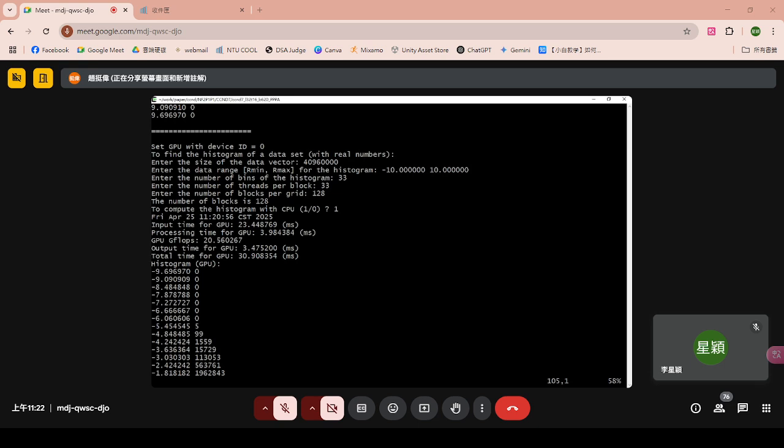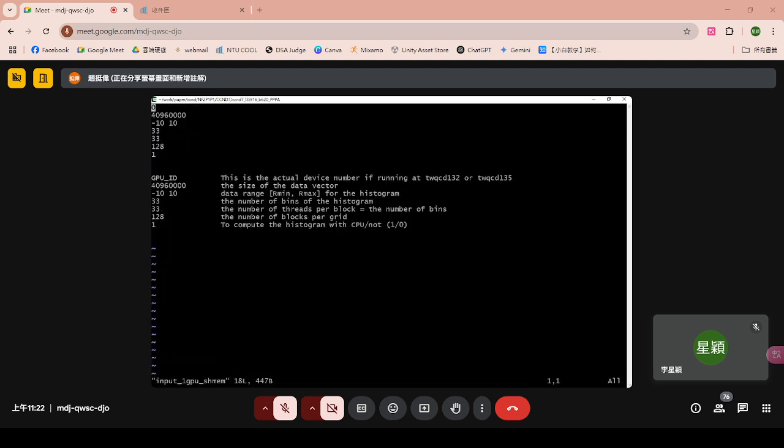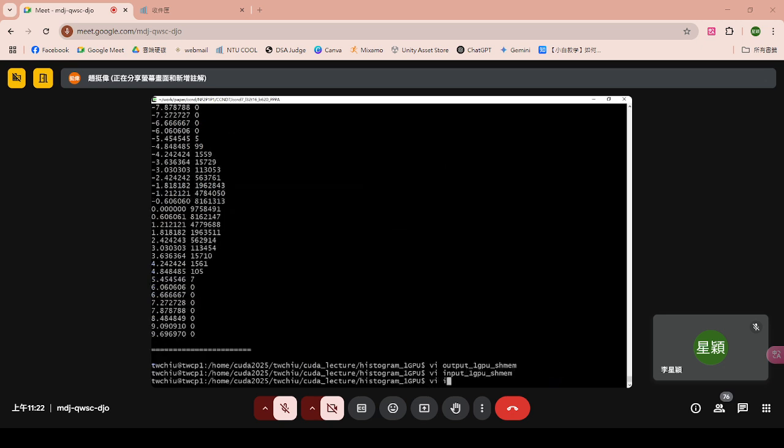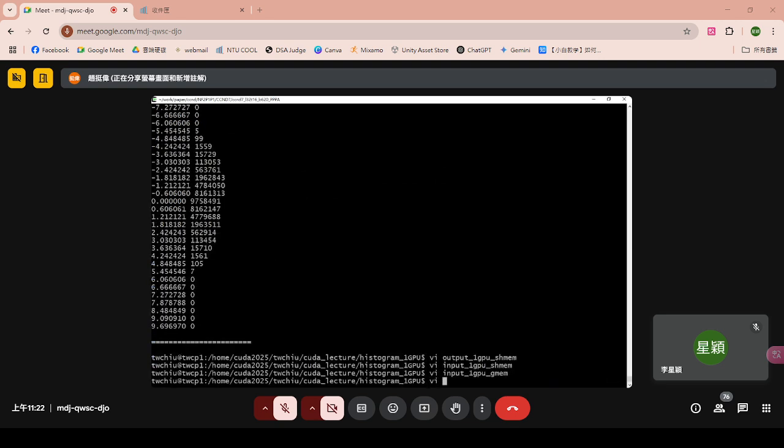This may not be the total number, so to be fair, let me change our input. What's the common data in the one GPU global memory case?